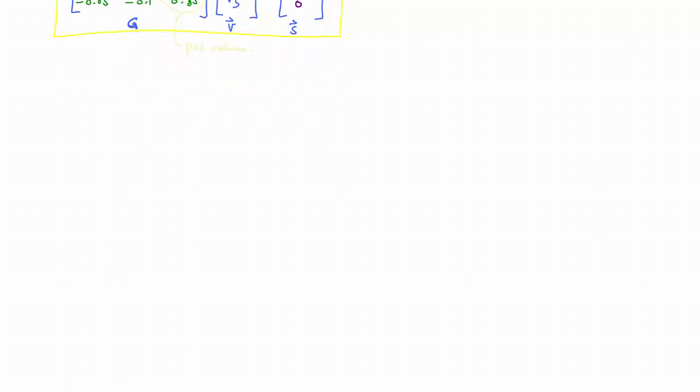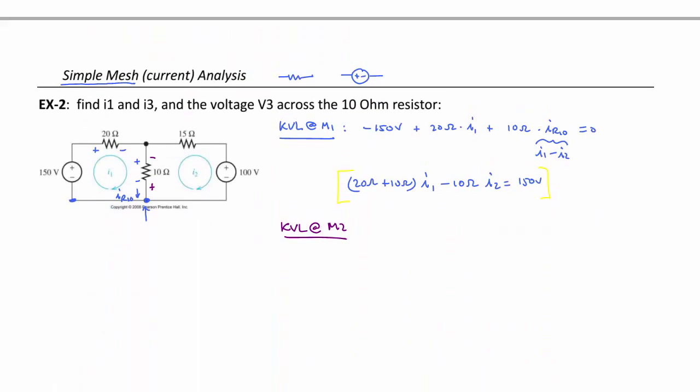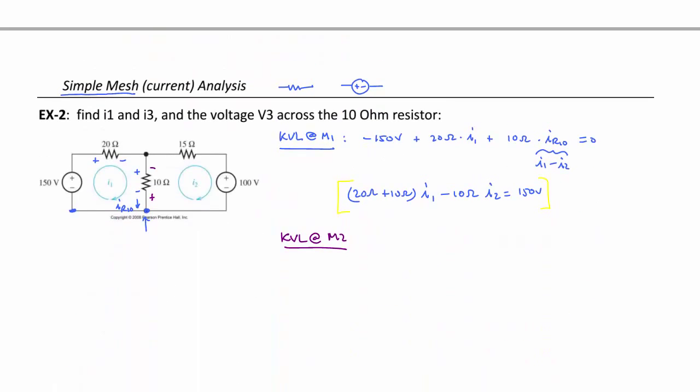Okay, so let's go back here. And so I've labeled this voltage plus and minus, and that voltage will then be 10 ohms times, and the current now will be I2, because a positive I2 will cause a greater positive voltage according to this purple polarity.